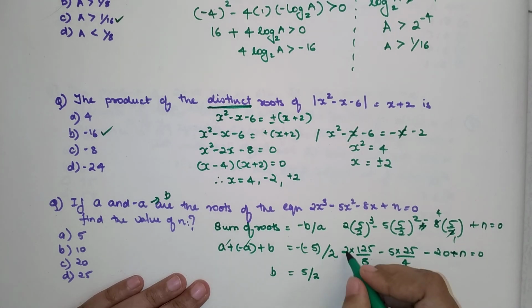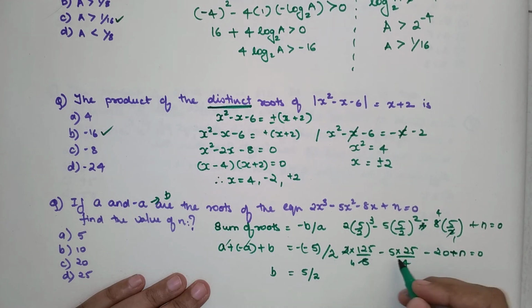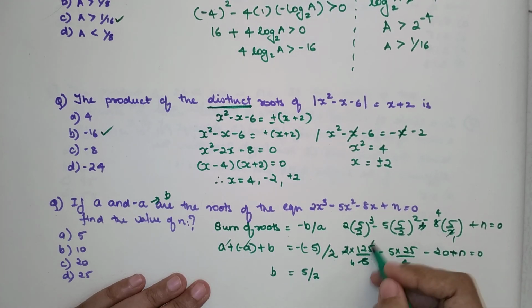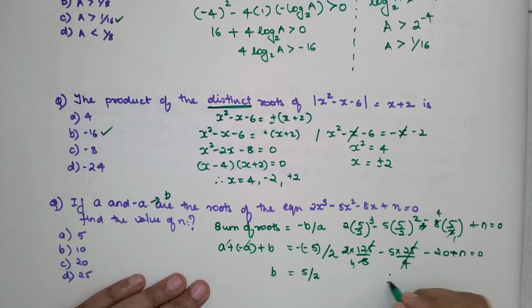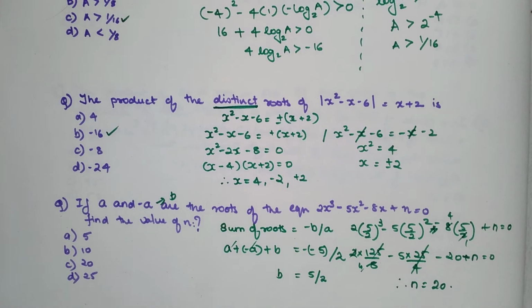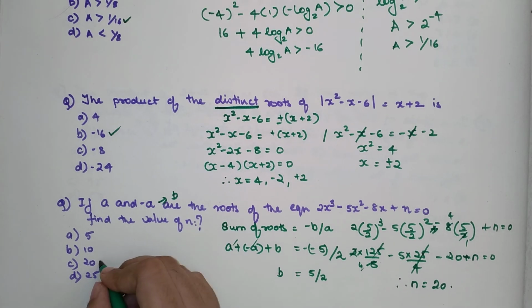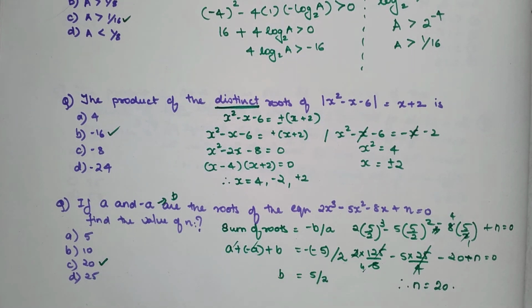Now I'm left with 125 upon 4 minus 125 upon 4, so this gets cancelled. So we are just left with minus 20 plus n is equals to 0. Therefore, I can say n is equals to 20. So that means option C is my answer.